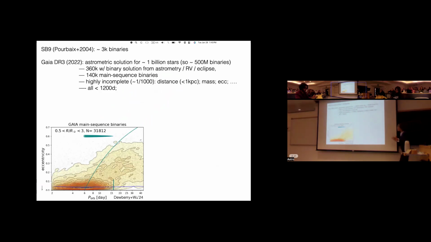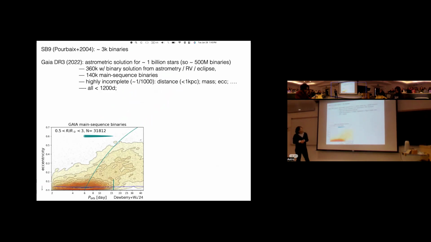Okay, obviously Gaia is the savior for many people in this department, and also for me. Turns out Gaia has observed about 1 billion stars with astrometric solutions. So out of 1 billion stars, you should expect half of those to be binaries. So Gaia should have 500 million binaries, and the idea is that, well, that's got to be a big enough sample.